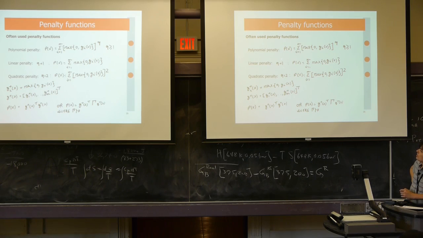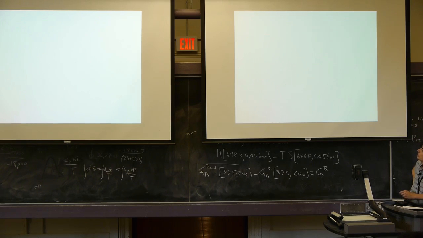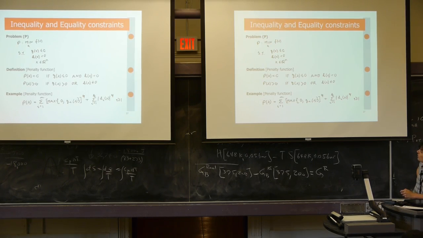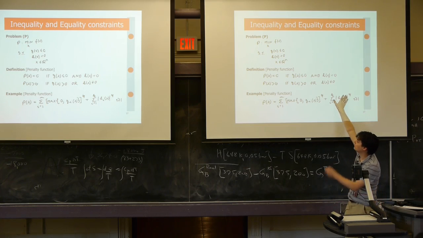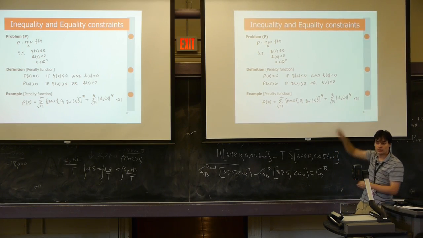We discussed a couple of important penalty functions, such as polynomial, linear, and quadratic. And we also discussed what we should do if instead of inequalities in our constraint set, we have equalities as well. In that case, one thing we can do is, so far this was our penalty function, and we just add this term as well.